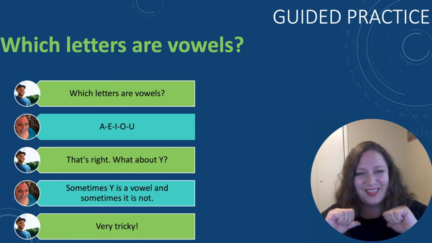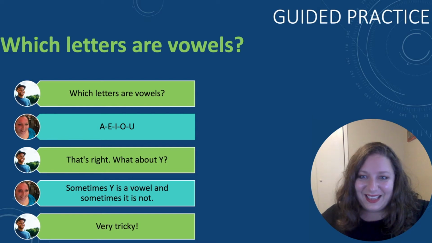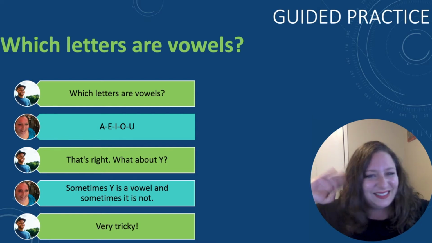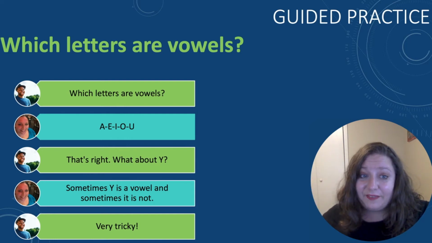You go, then me. A, E, I, O, U. Sometimes Y is a vowel, and sometimes it is not.